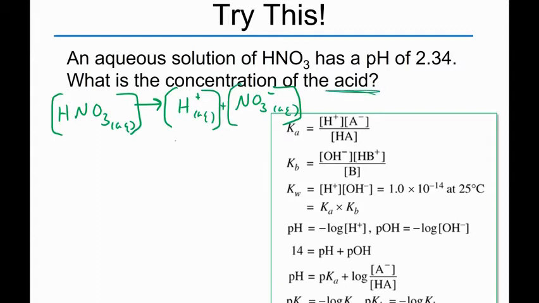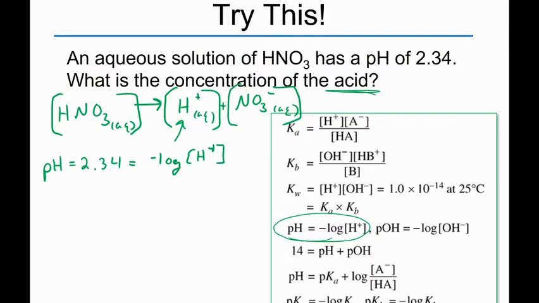Well, what I really need to figure out is the concentration of H plus, because then I will know the concentration of my acid since they are the same. Since I know the pH is 2.34, let me write that down. pH equals 2.34, and that is equal to the negative log of the concentration of H plus.